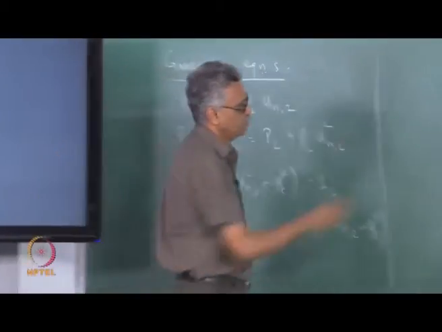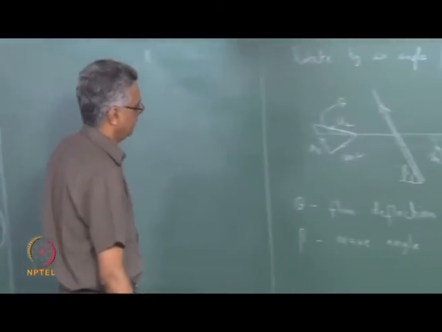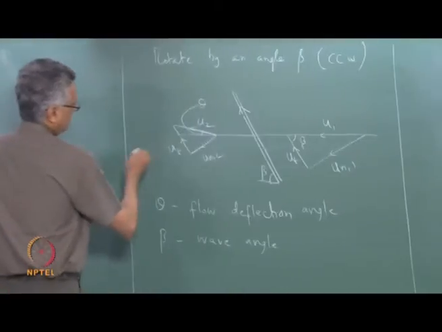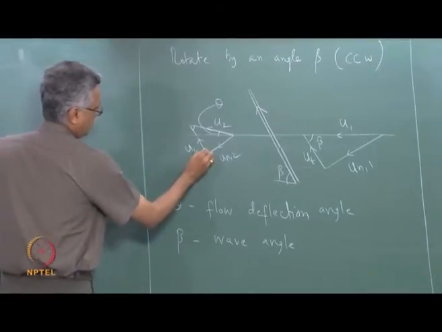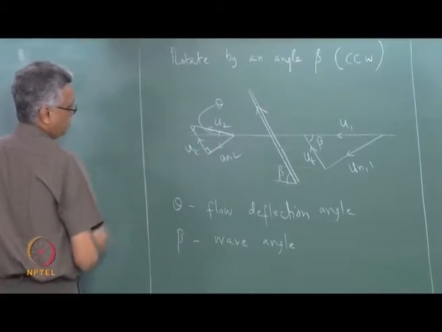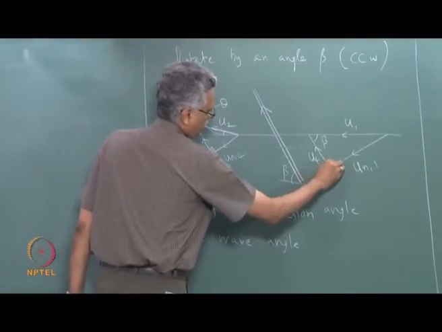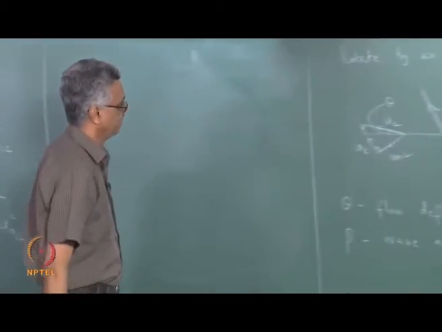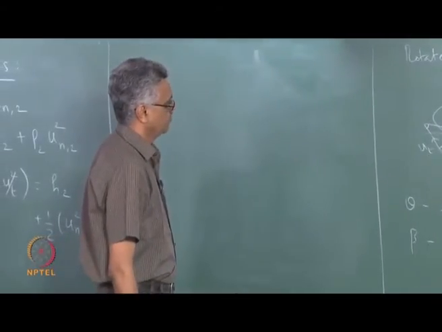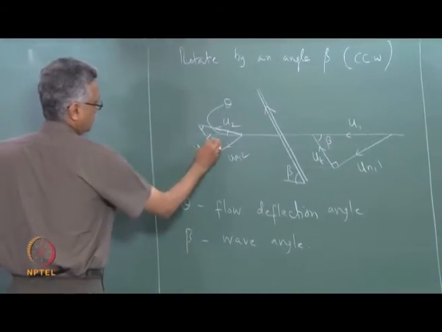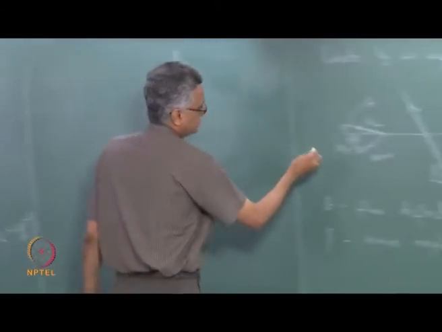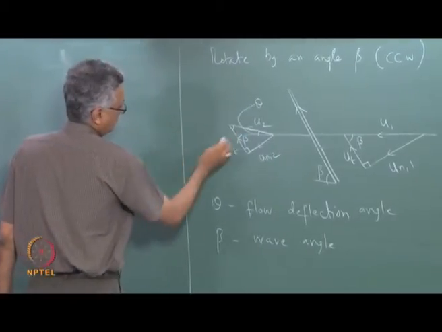Okay. Now, if you look at the velocity triangles here, we have to calculate this angle. This is 90 degrees, right? U1 and ut are perpendicular to each other. So this is 90 degrees, and this angle is beta. So what is this angle?